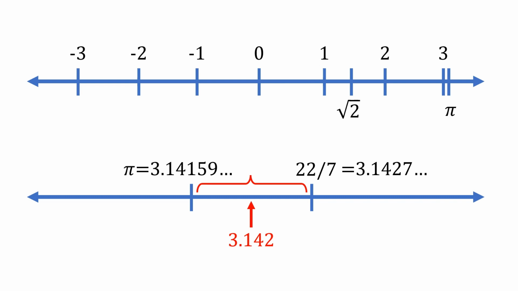So the number 3.142 is inside this space. It's a number that is bigger than pi and less than 22/7. So that means there is a space between the two, and that means pi is not equal to 22/7.